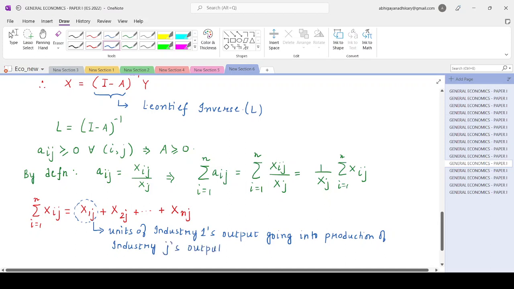Now naturally, if some amounts from all the n industries are going into sector j, it will not add up to the total amount of production of sector j, which is xj. Because in order to produce xj, some labor, capital, and things like that are required as well. So this will be less than xj, because factors of production are also needed.